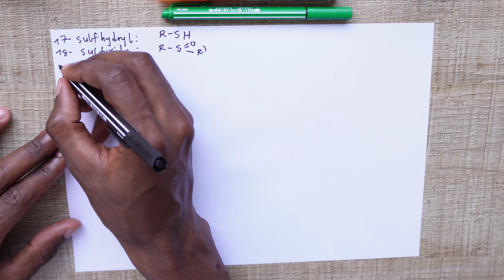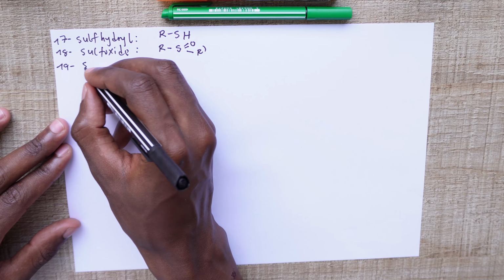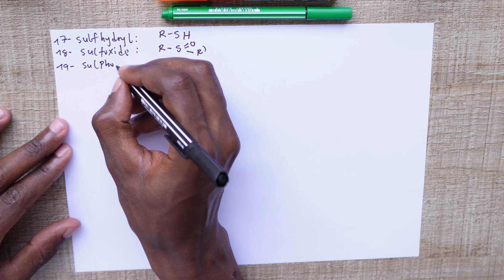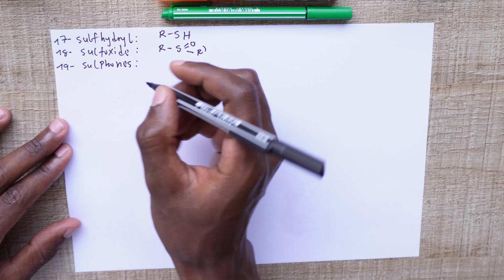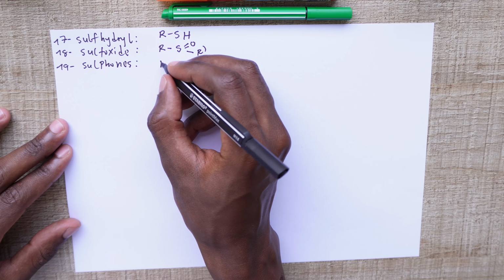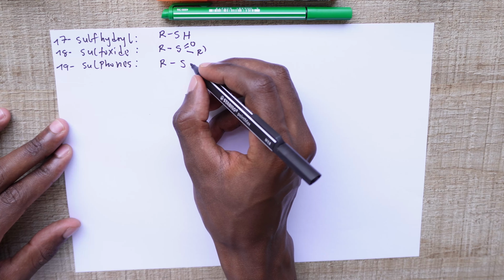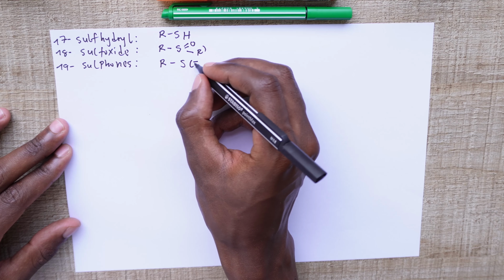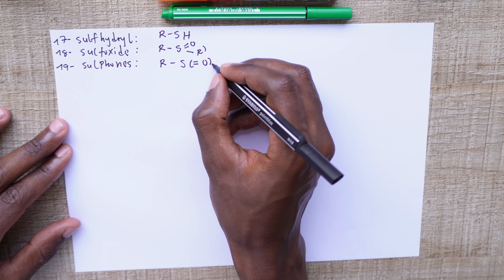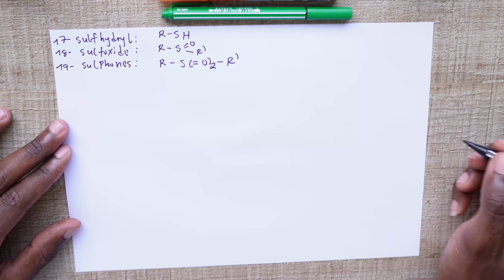Okay. Then you have the sulfones, probably guessed it, which have as functional group RSO2R prime. Let me put it like this, since there's no space.